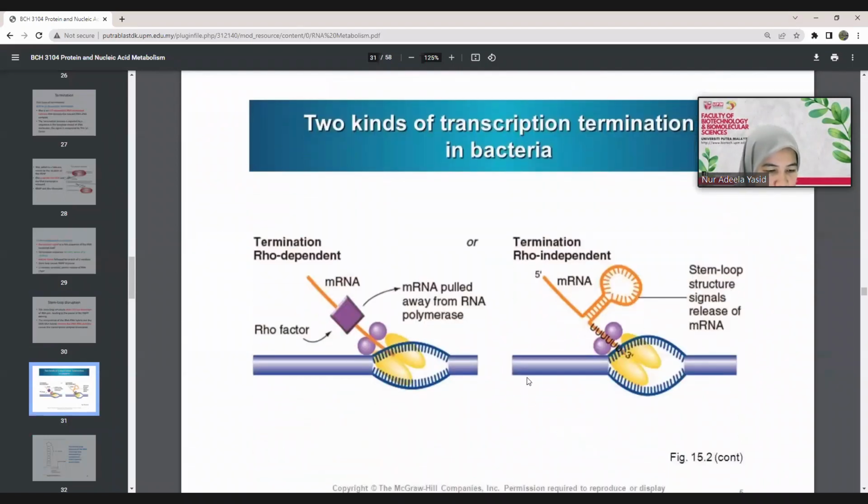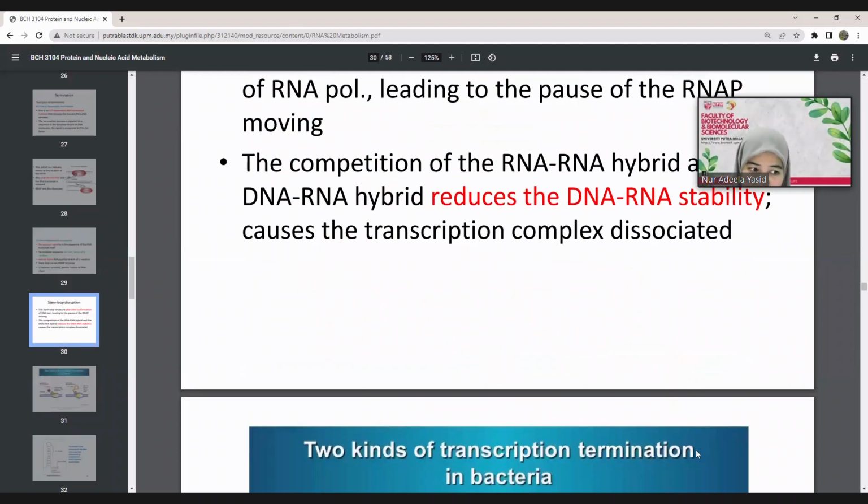I hope you can imagine this. This is the DNA. This is your DNA template. In the transcription process, we use the DNA template as a template for the mRNA synthesis. So that's where the DNA RNA hybrid comes from.